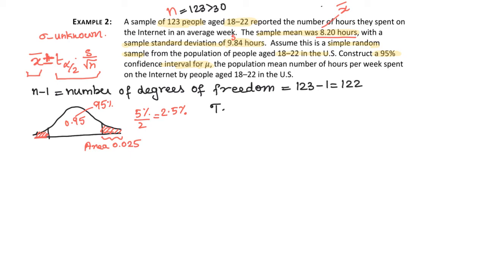So in table A3 we need to look at the row which corresponds to 122 and the column corresponding to 0.025. The number of degrees of freedom 122 is not in the table, so we will use the next smaller value in the table, which is 100.